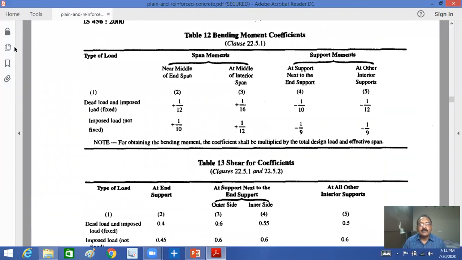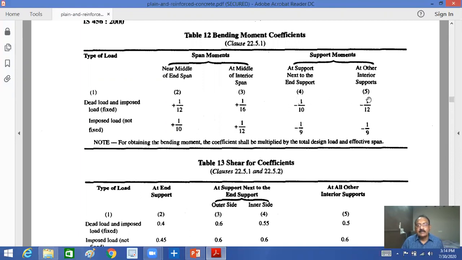Whenever continuous bending moment is there, it is given in IS 456 Table 12 for dead load and imposed load. Near the middle of the end span, we have to take 1/12 positive, and at the support next to the end support, negative 1/10.